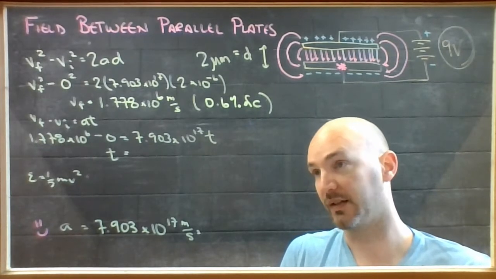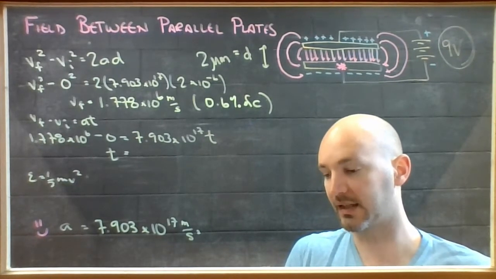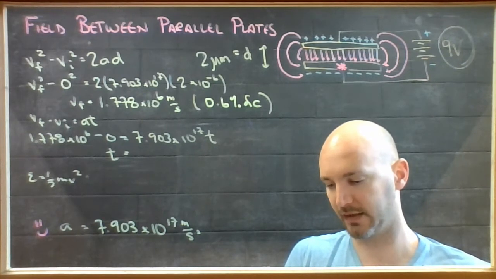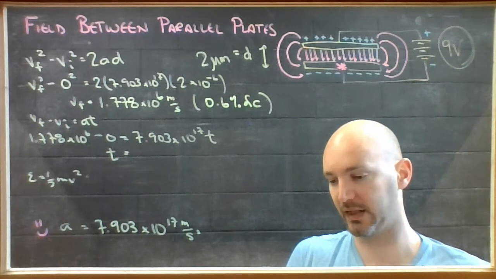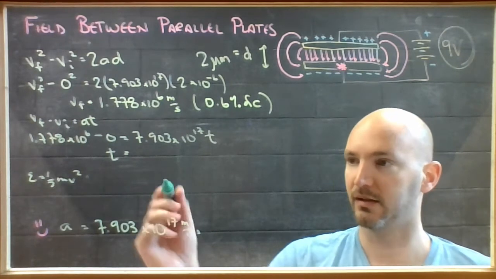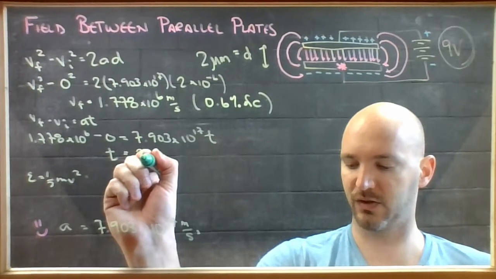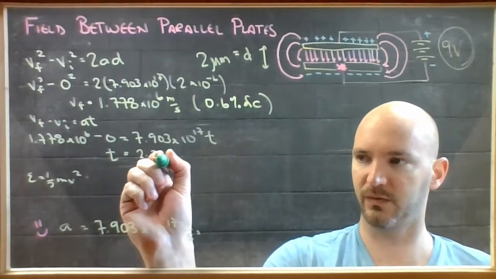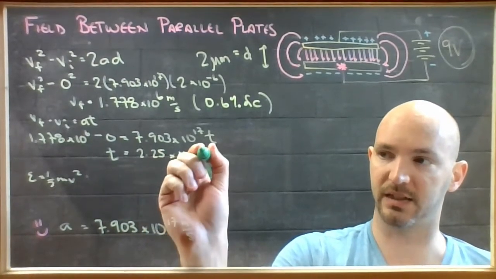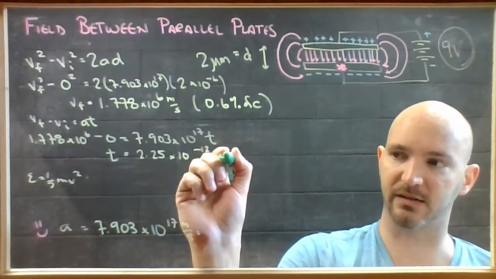So 1.778 times 10 to the 6 divided by 7.903 times 10 to the 17 gives me 2.25 times 10 to the negative 12 seconds.